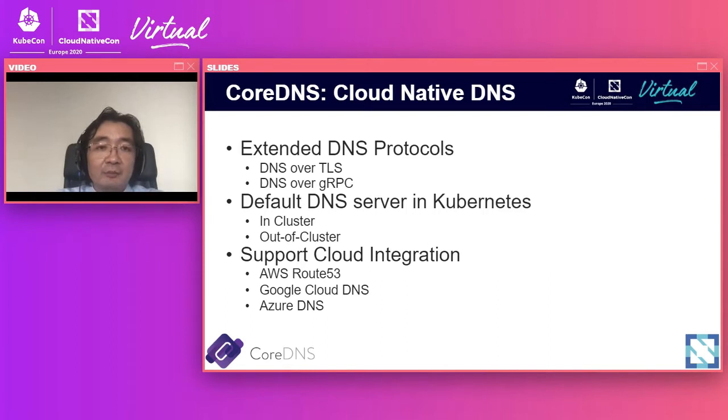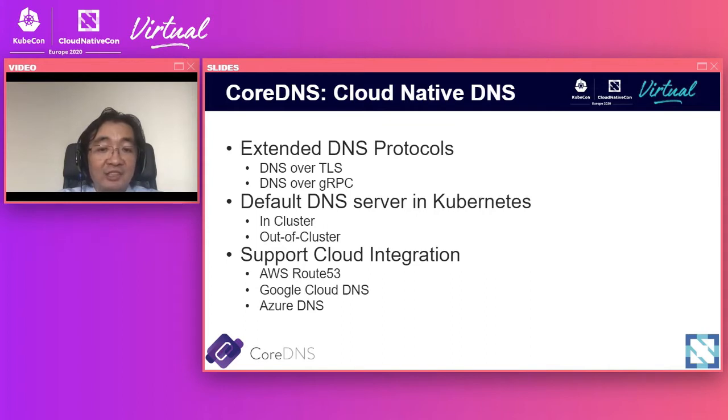Another interesting point of CoreDNS is the cloud integration. CoreDNS has many cloud integrations for several vendors. We have AWS Route 53 support, Google Cloud DNS, and Azure DNS support as well. The reason we have fairly good cloud integration is that this allows CoreDNS to behave as a front end for many backend DNS records.